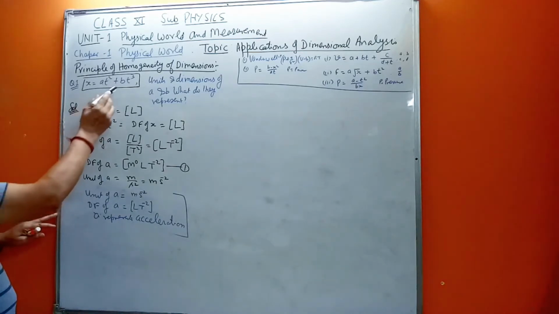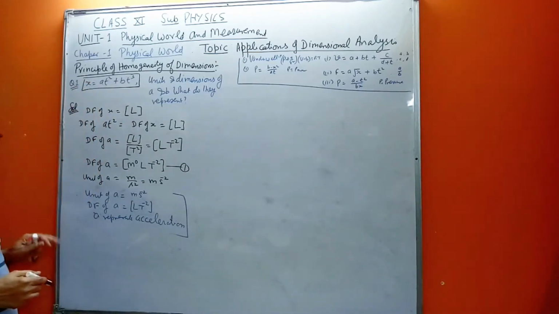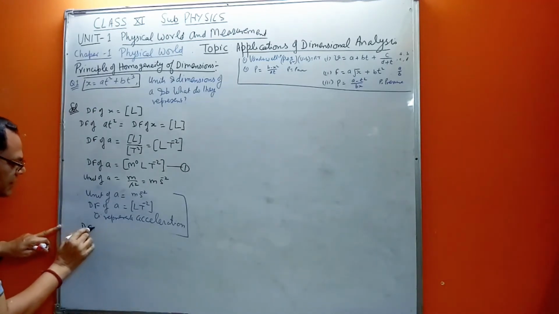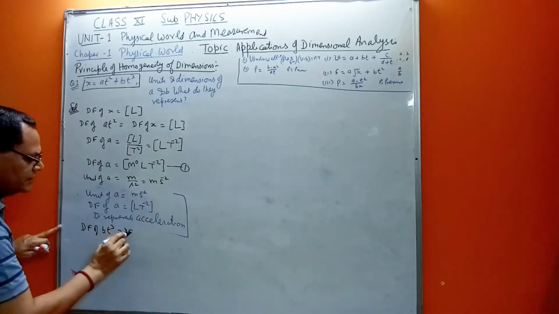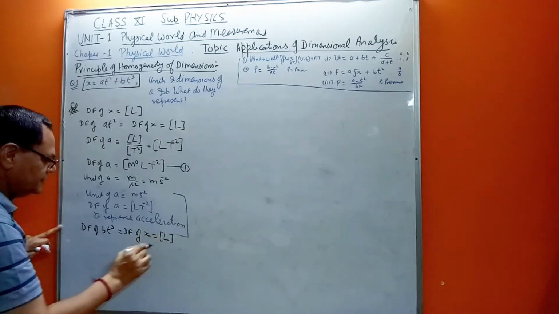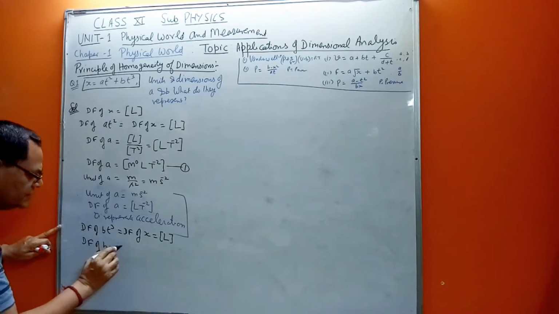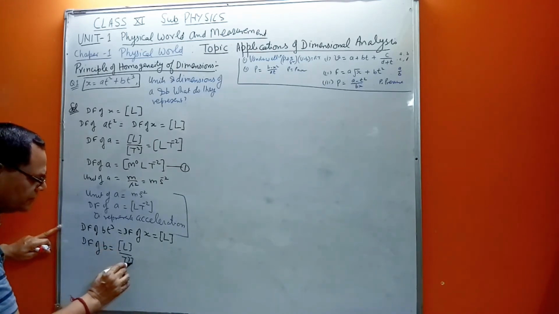The dimensional formula of bt cube will be the dimensional formula of x, that is L. Therefore the dimensional formula of b is L upon t cube.